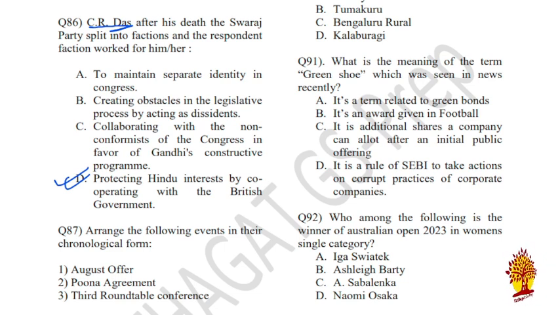In 1923, the Swaraj Party was formed, originally by C.R. Das. But after C.R. Das, an internal bifurcation took place based on ideology, that is responsivist and non-responsivist.